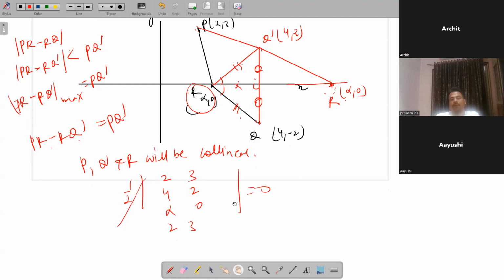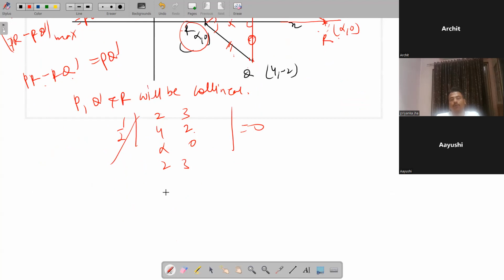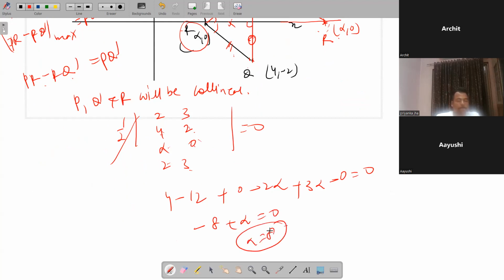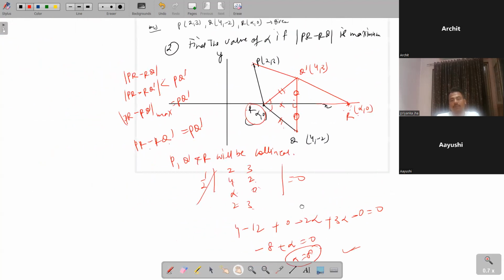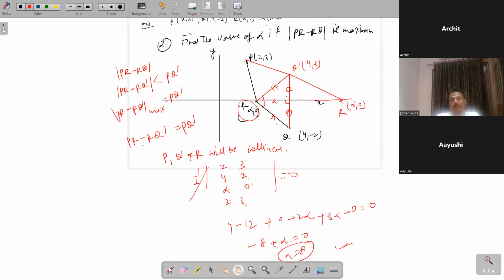From here, 2 into 2, 4, minus 4 into 3, 12, plus 4 into 0, minus alpha into 2, plus alpha into 3, minus 2 into 0, that is 0. So here minus 8 plus alpha equal to 0. So alpha is 8. This is your answer. This was a good question, note it down.